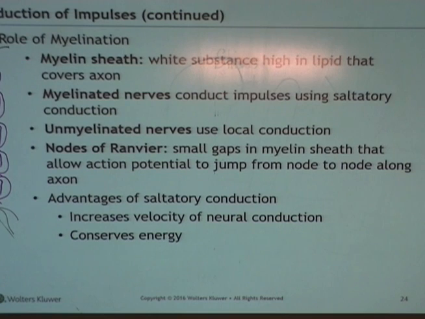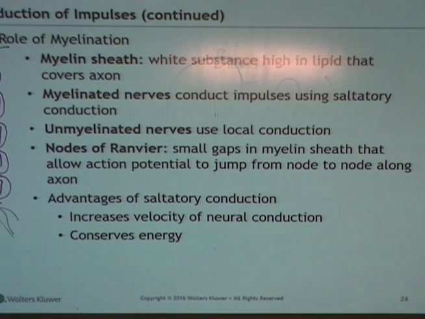And that's how it speeds up. It's called saltatory conduction. If any of you are gymnasts, a salto is a somersault, and you have to jump in order to do a somersault. So saltatory.